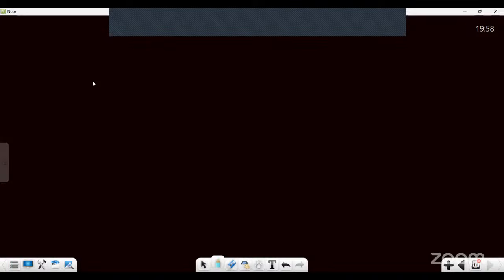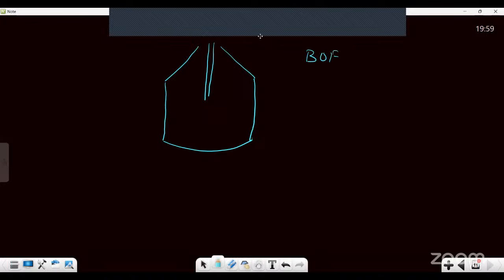Right. Now, we have discussed these things. Now we will see, if I draw the converter, so this is our converter, and this is the oxygen lance.